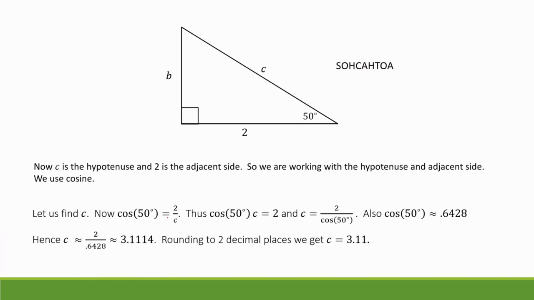How do we get C? Well, we want to get C all alone, not in the denominator, of course. So let's multiply both sides by C. These cancel, and we get 2 is C times cosine of 50 degrees.